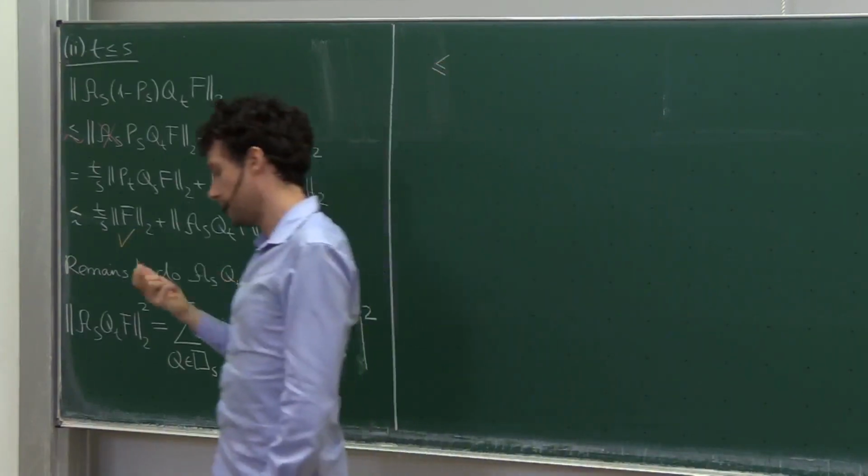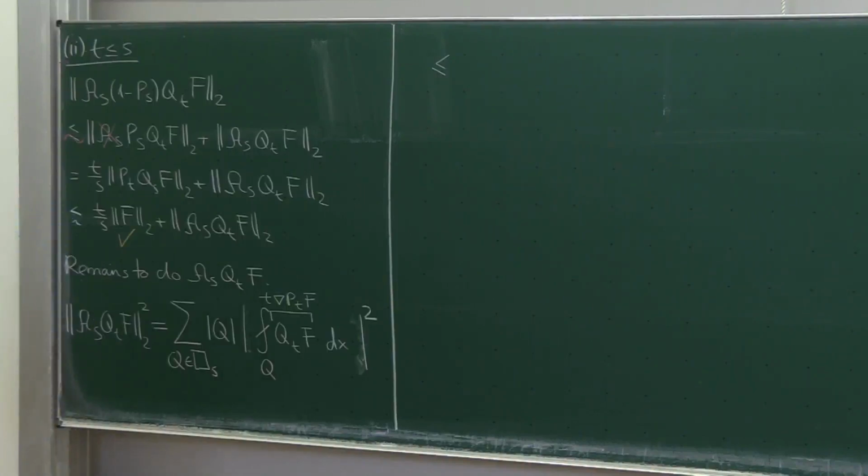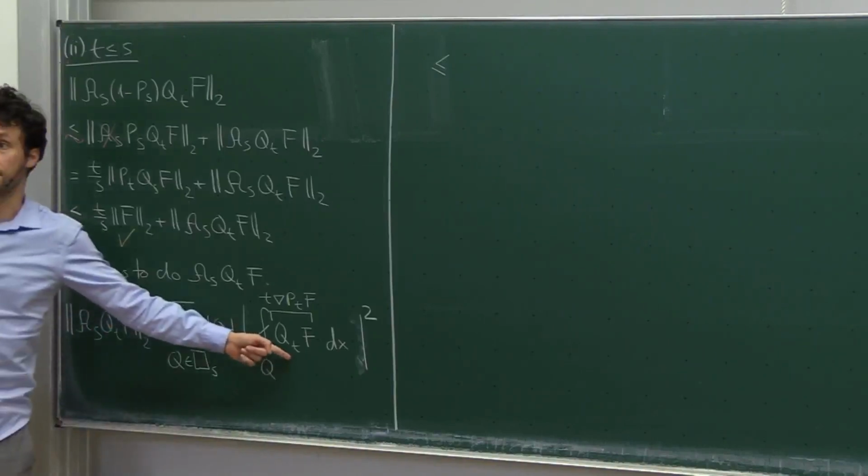Before I go on with the estimate, just a small digestion of what's happening here. This is the estimate where I'm not just brutally throwing all absolute values inside, but I'm using some sort of cancellation properties. I'm using the cancellation properties of the Q_t things.